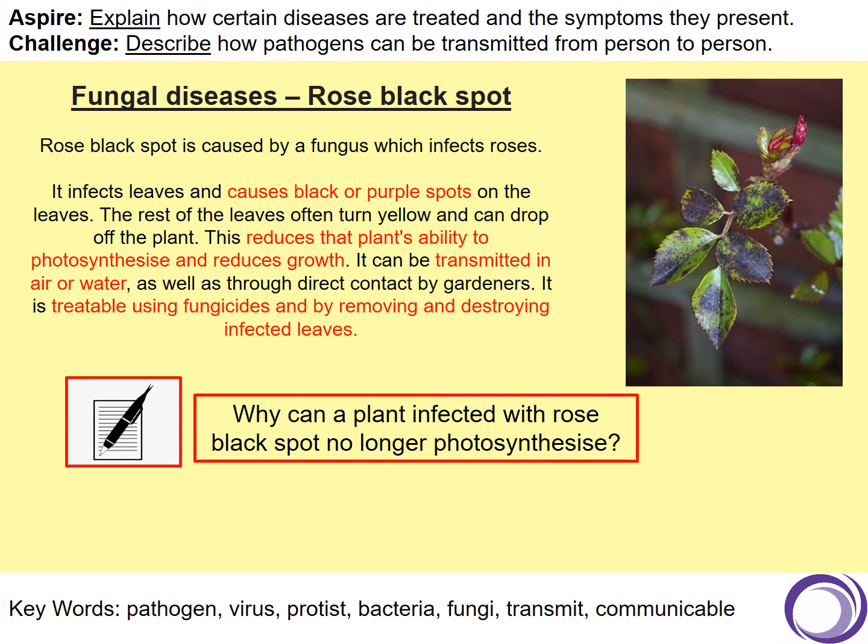So I've got a question for you. Why can a plant infected with rose black spot no longer photosynthesize? So I'm going to give you 30 seconds to write down your answer. Off you go.